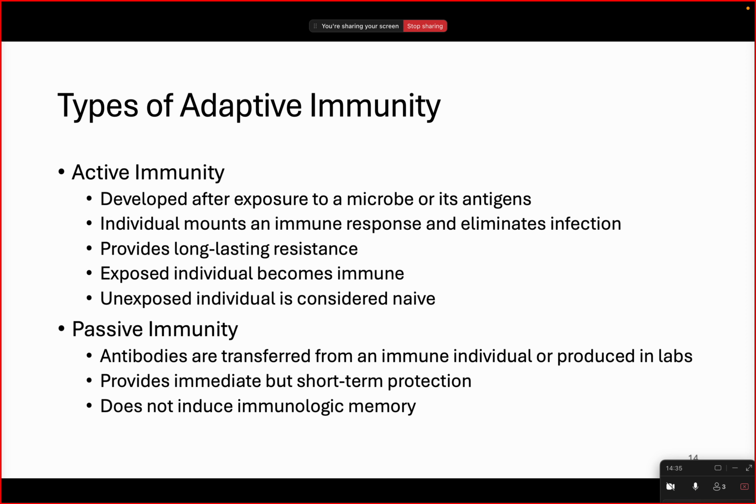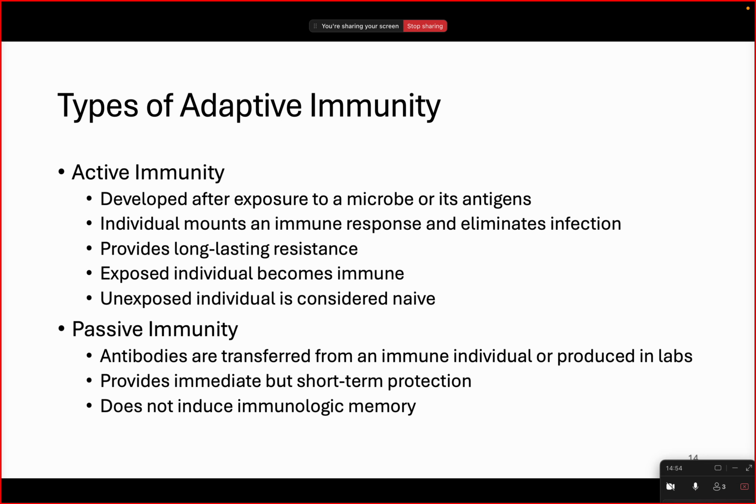The common thing is that they are antigenic in nature, right? So that they can elicit an immune response. And after this exposure, once you have memory cells, B cells and T cells specific for this, it will be called active immunity.